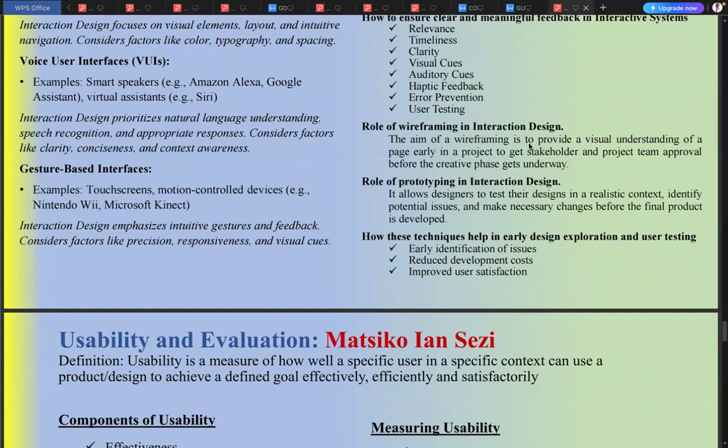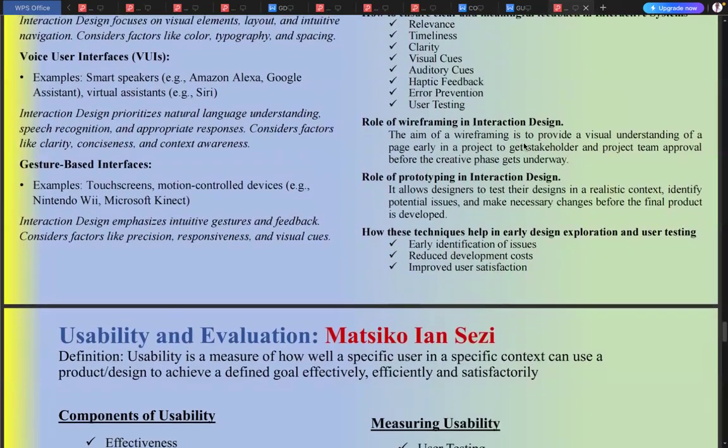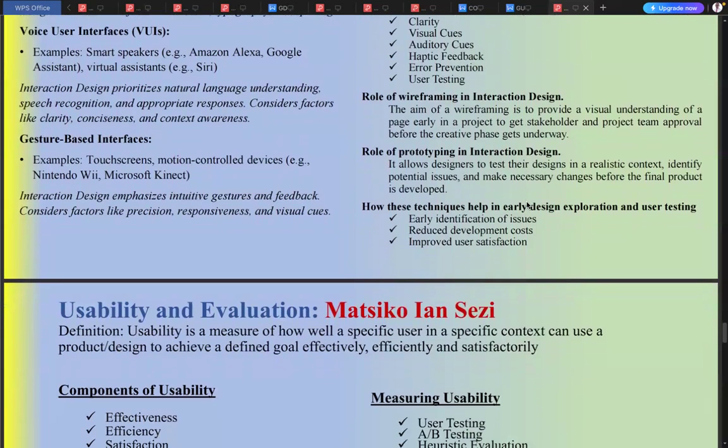So we had talked about wireframes earlier. And then the role of prototyping in interaction design, it also allows designers to test their designs in a realistic context, identifying potential issues and making necessary changes before the final product is in fact developed.